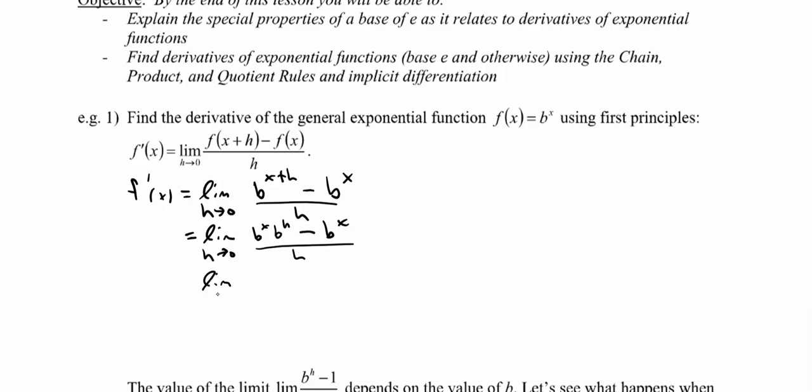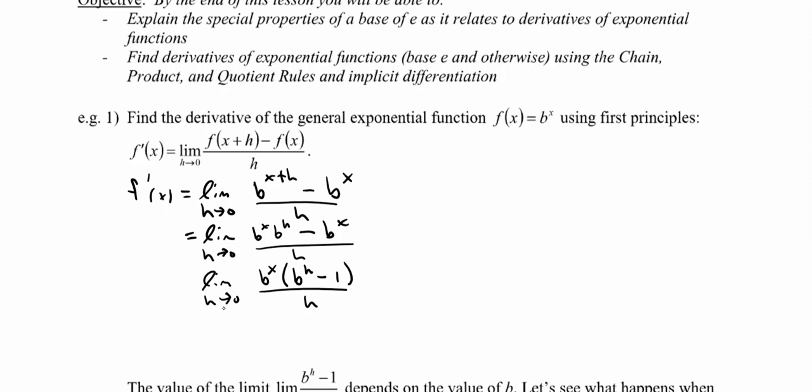Now, in the limit, I'm going to factor out a b to the x. So we've got b to the x, and what's left is b to the h minus 1 all over h. The next step is to pull this b to the x out front.